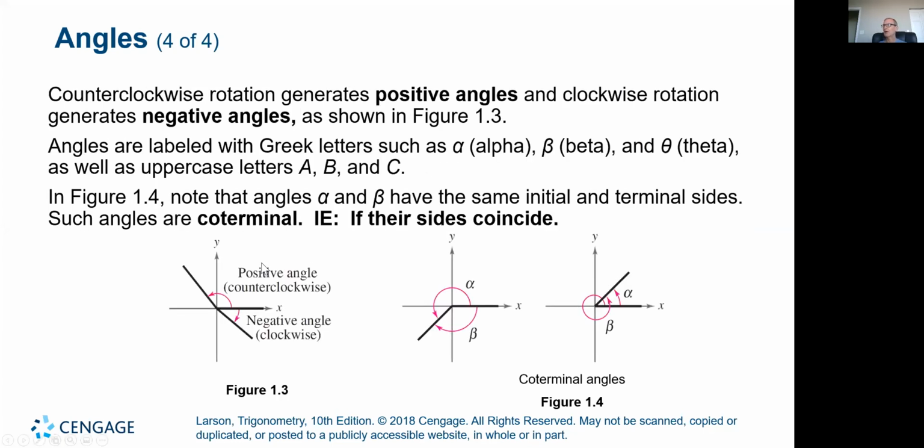Another important aspect of the angle is that an angle has a positive measurement and a negative measurement, and the idea of going counterclockwise. What we mean by that is that if you're starting on the positive x-axis and you move to the left, so moving from the positive x-axis to the positive y-axis, that would be moving to the left.